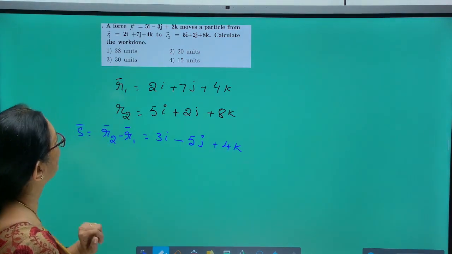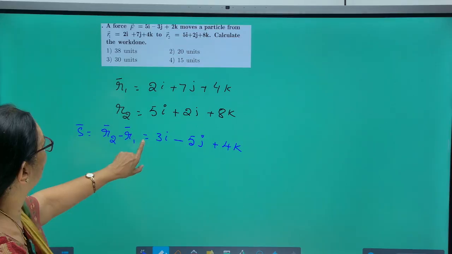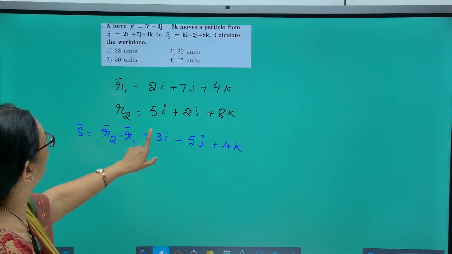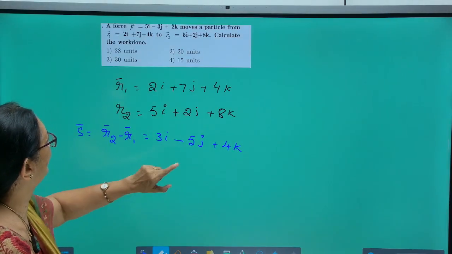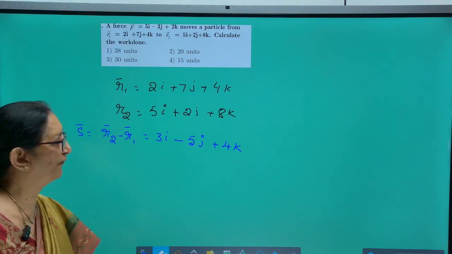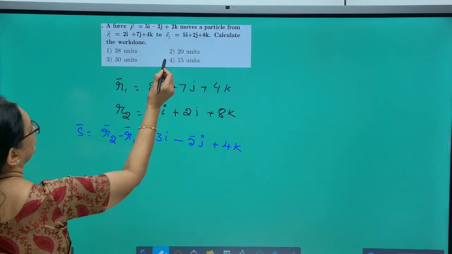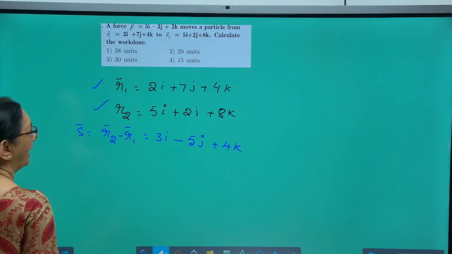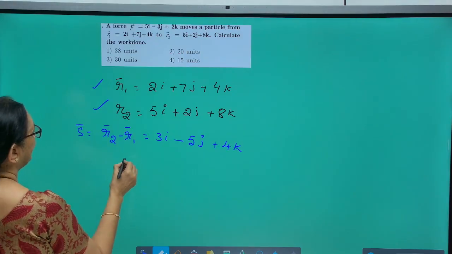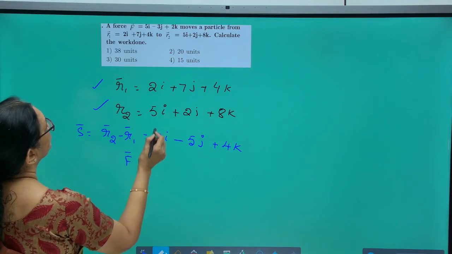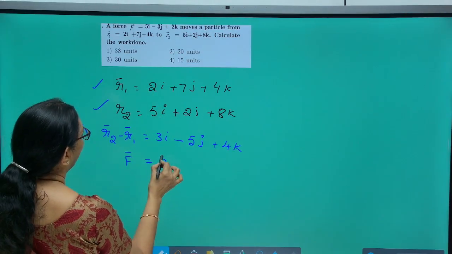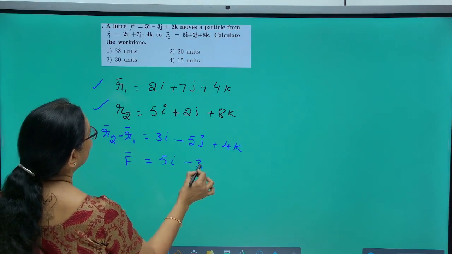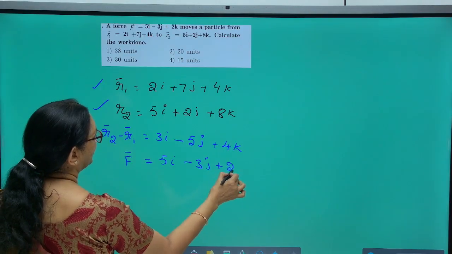So the displacement vector is 3i bar minus 5j bar plus 4k bar. And the particle moves from the point R1 to the point R2 by applying a force F bar equal to 5i minus 3j plus 2k.